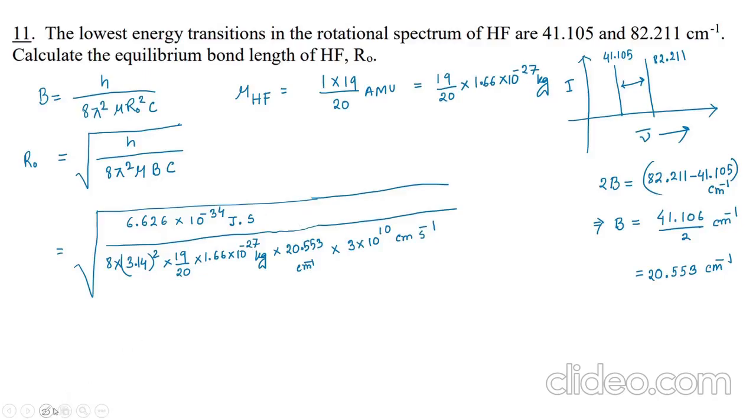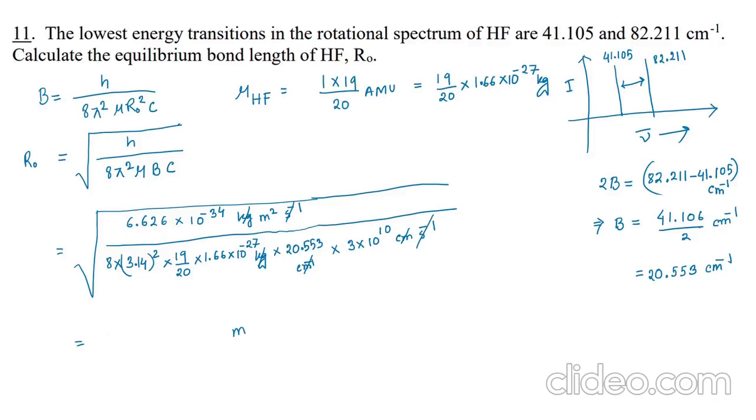We can convert this joule second to another unit, which is kg meter square second minus 1. So now you can cancel this second inverse, centimeter inverse, centimeter, kg. So the unit that will come up is meter.